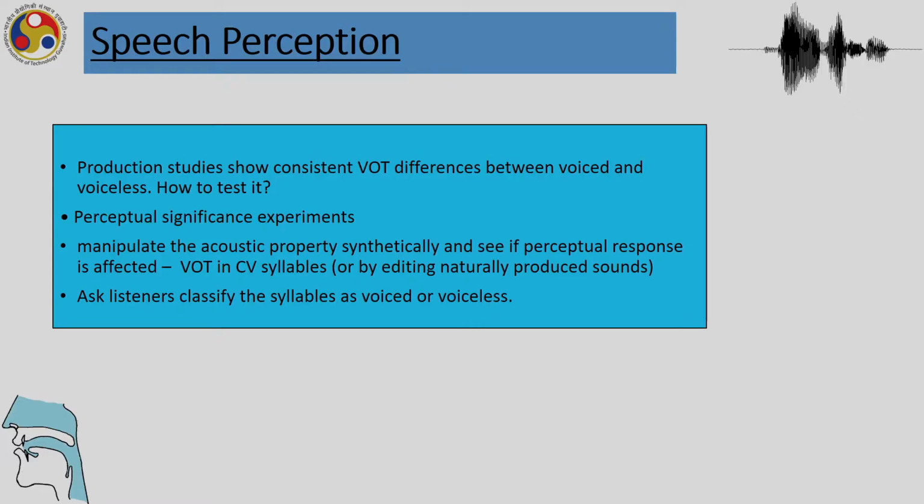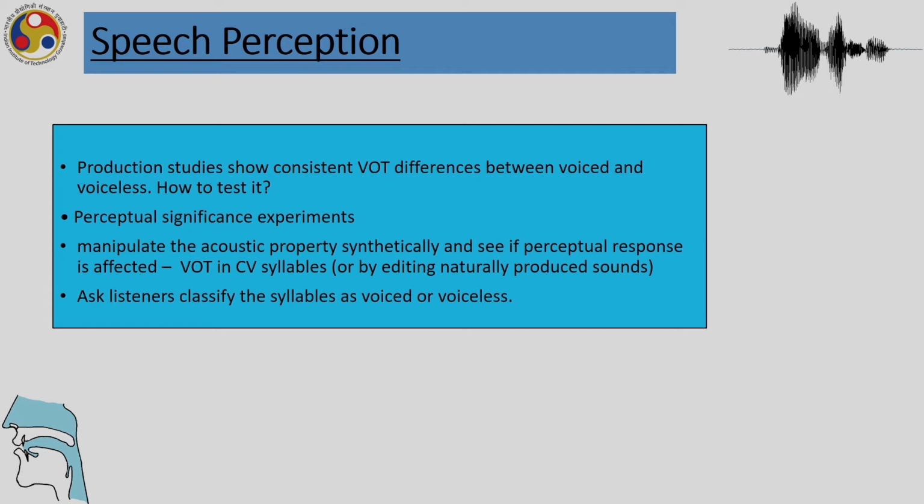distinctions. So, production studies show consistent VOT differences between voiced and voiceless. And as we saw in the first few slides, between 20 to 25 milliseconds, and that's also shown in production studies. So how is it tested?